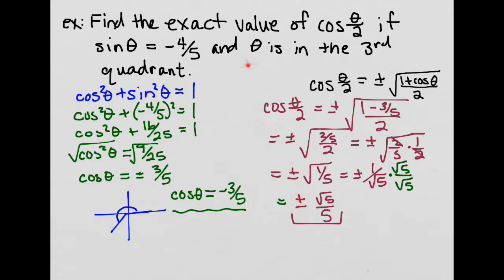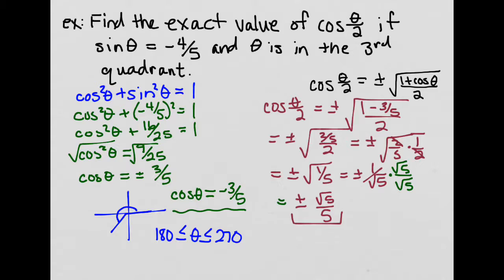So we know that theta is in the third quadrant. So we know that theta is between 180 degrees and 270 degrees, because that's where the third quadrant lies.